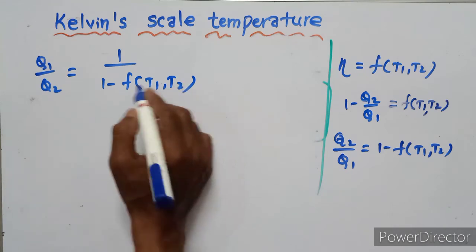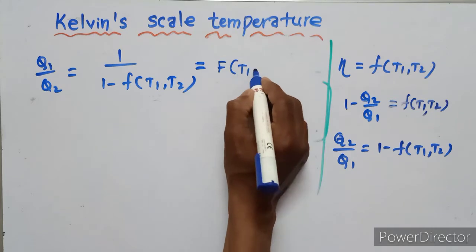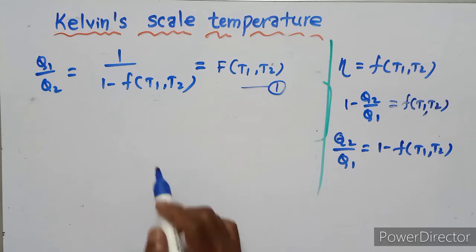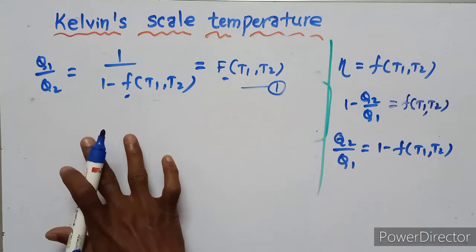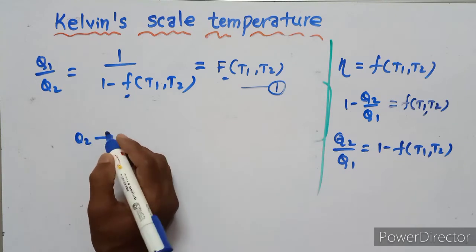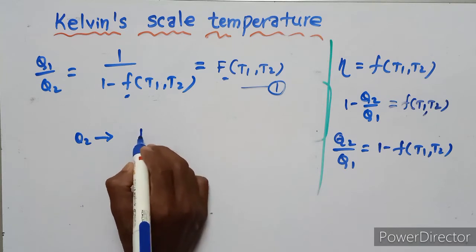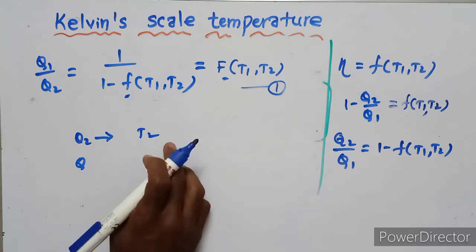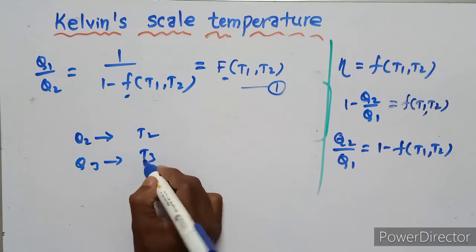Let us consider this as a function of T1, T2. This is the first equation. Here small f and capital F are special functions. Now we consider another reversible heat engine. Q2 is the amount of heat absorbed by the engine at temperature T2, and Q3 is the heat rejected by the engine at temperature T3.